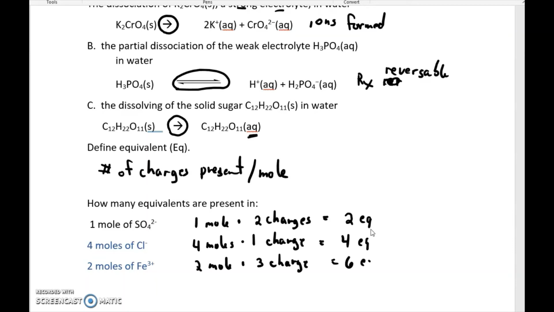It does not matter for equivalence whether the charges are positive or negative. It just matters that it's a charge.